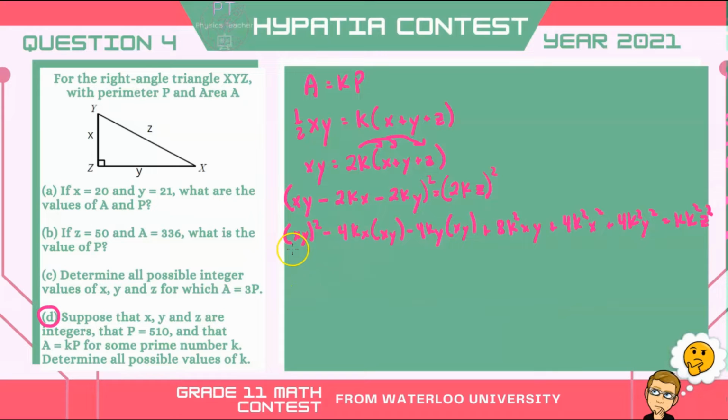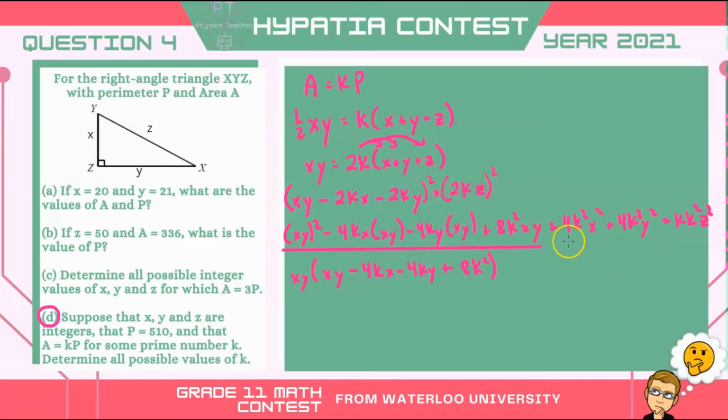Now again, just as in part C, if we look at these first four terms, I can pull out a factor of xy, which is going to leave us with xy all times xy minus 4kx minus 4ky plus 8k squared.